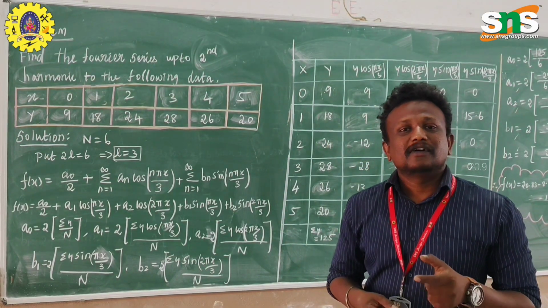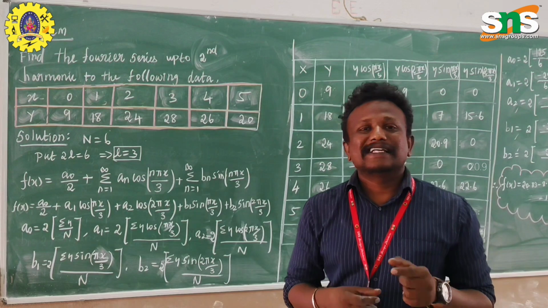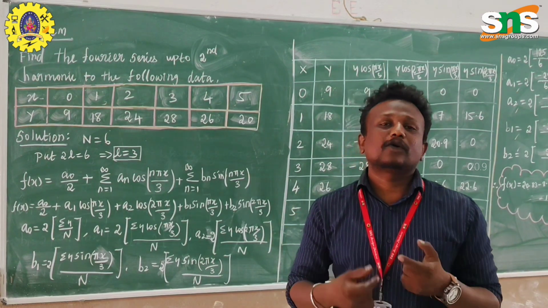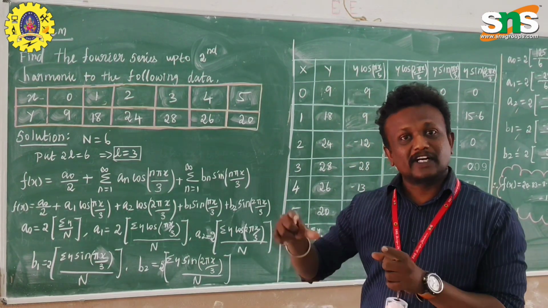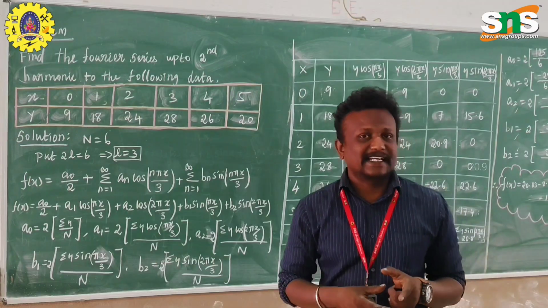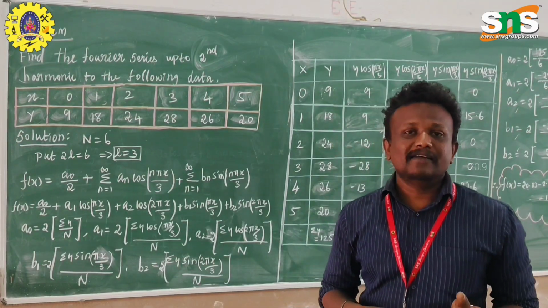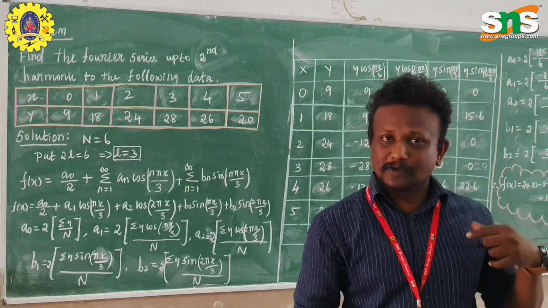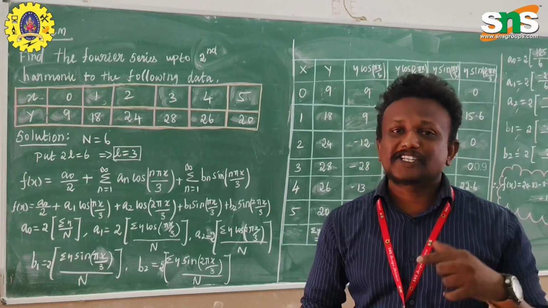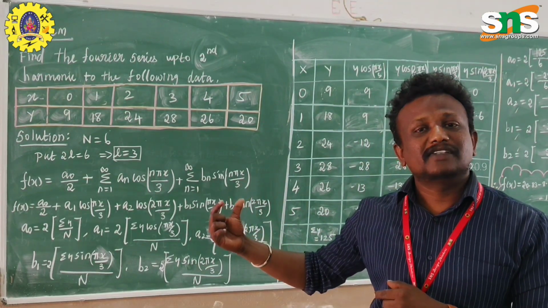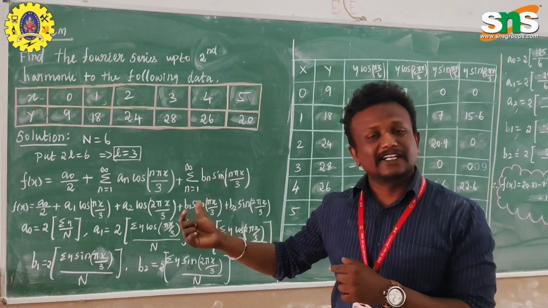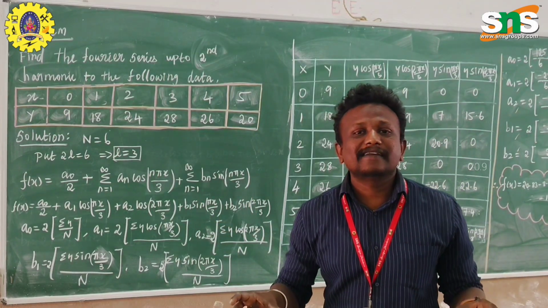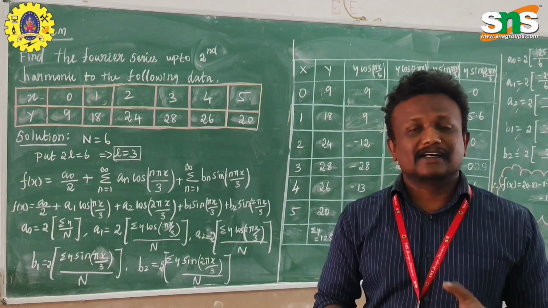In step two, we are going to find the necessary results that we require in order to expand the given data in terms of Fourier series. In step three, we are going to substitute the results which we find in step two into the formula which we already have written in step one. These are the things that we are going to cover in these three steps.